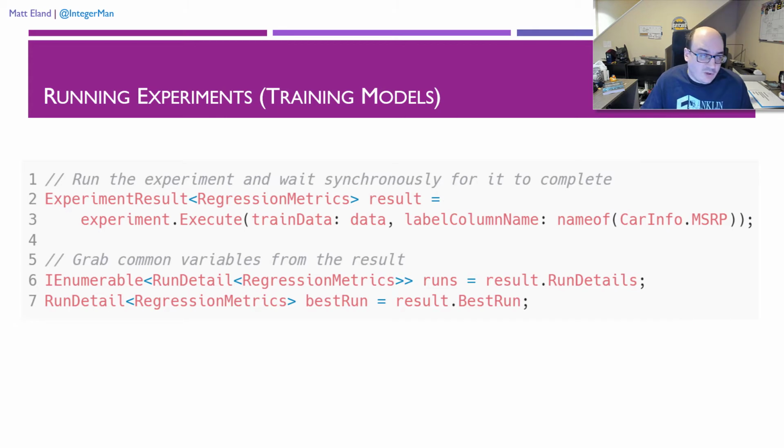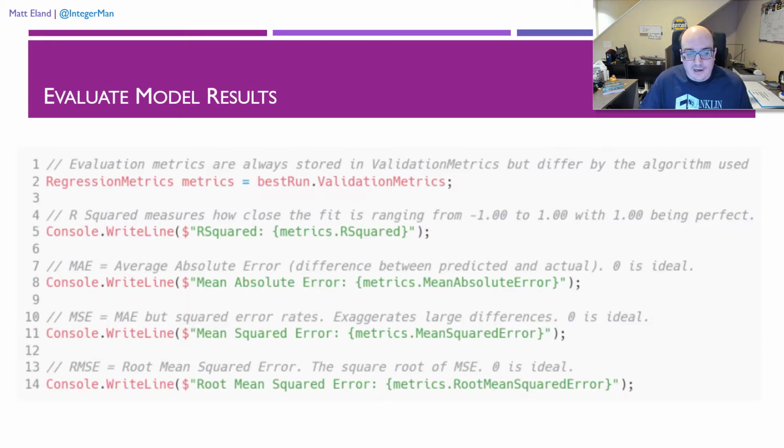How do I know the optimal one? Well, based on the optimizing metric. So the one that has the best mean absolute error for me, that's the one I'm going to go with. And then you can take a look at validation metrics on that best run. That best run is going to have information about why it was best. With that information, we can take a look at all these various machine learning metrics, such as R squared, mean absolute error, mean squared error, root mean squared error.